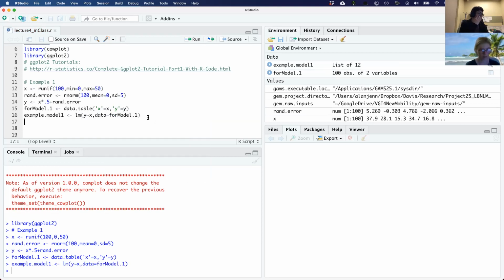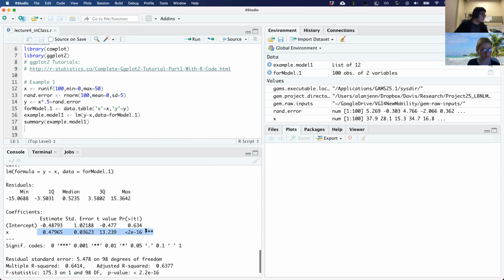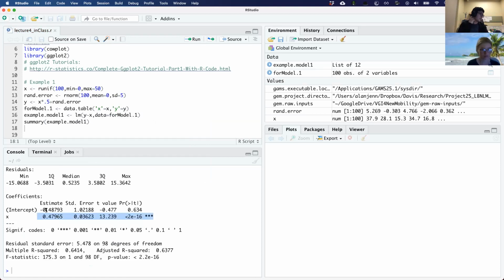I can run this and then quickly examine the structure of it. This is like last time. We know that the true coefficient of X is exactly 0.5.